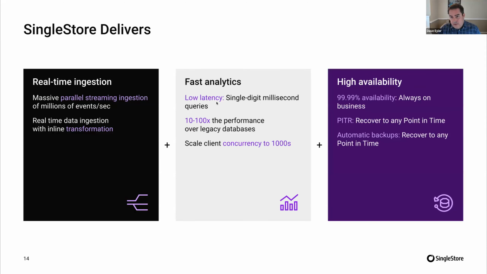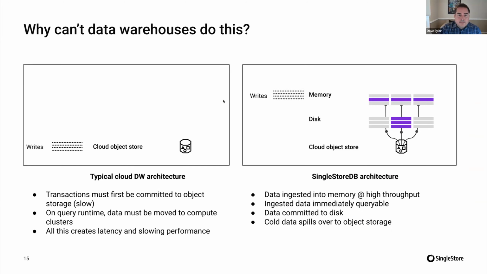Also, we're highly available: four nines of availability, point-in-time recovery, automated backups, everything you need to serve your front office analytical application use case. Now, why can't data warehouses do this? Because of their architecture. Their writes go into the cloud object store.